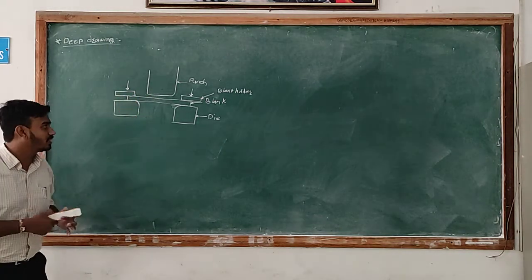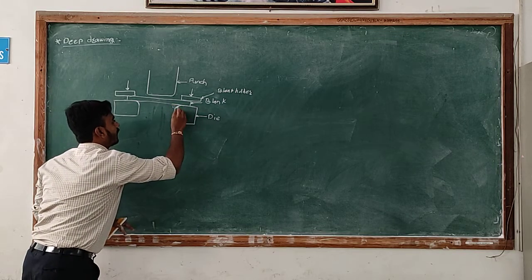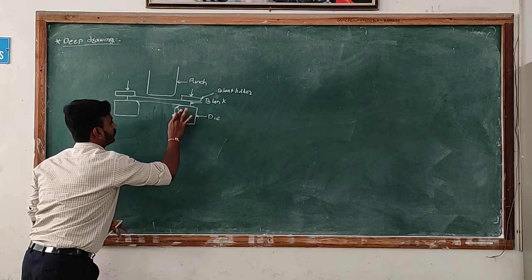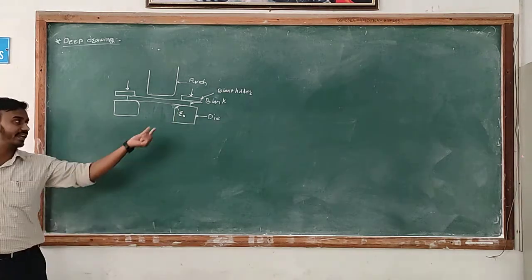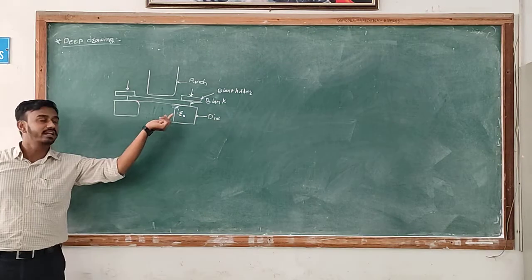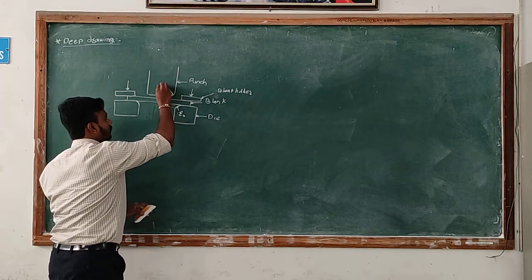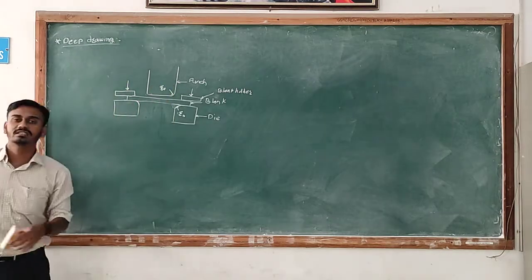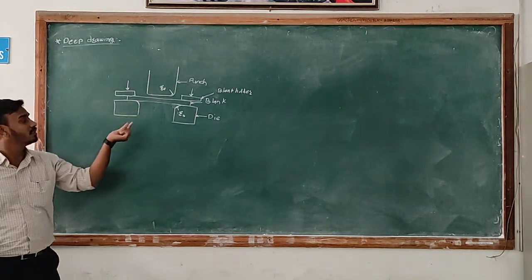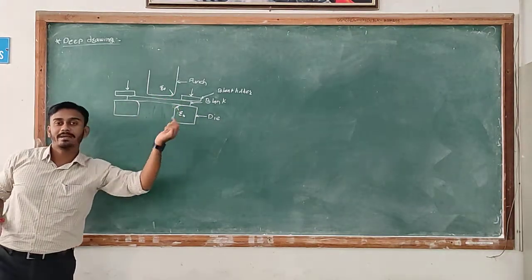If we see here, this die has some radius. We will mark it with small r suffix d, the die radius. And the punch also has some radius, which we will call small r suffix p, the punch radius. What is the purpose of providing this radius on the die and punch?